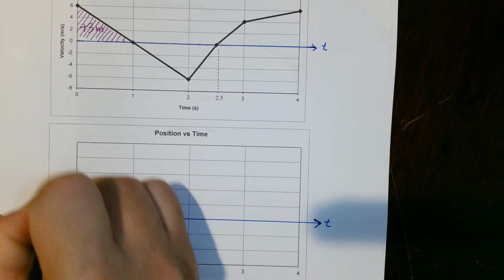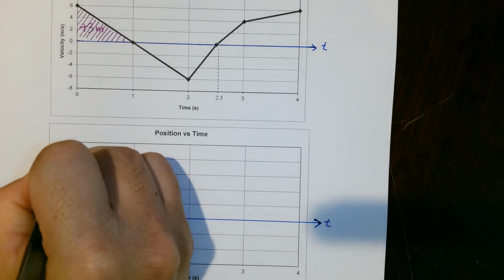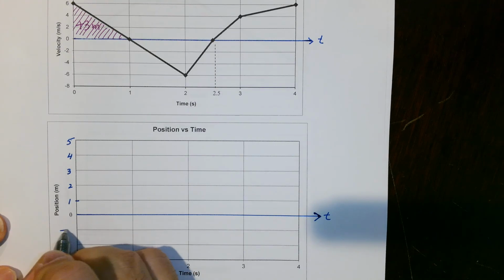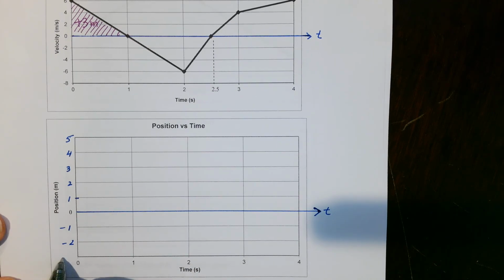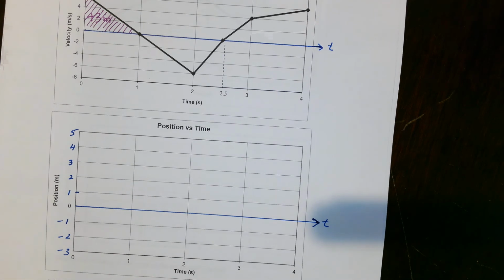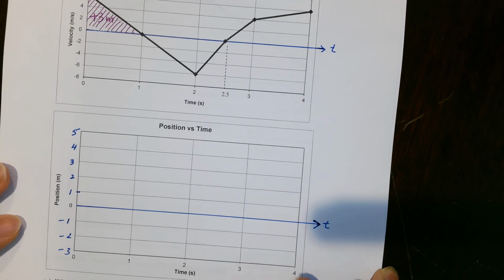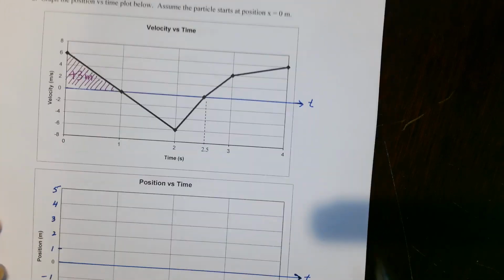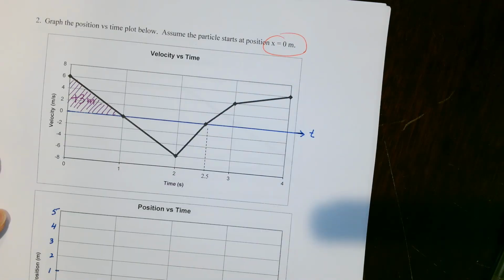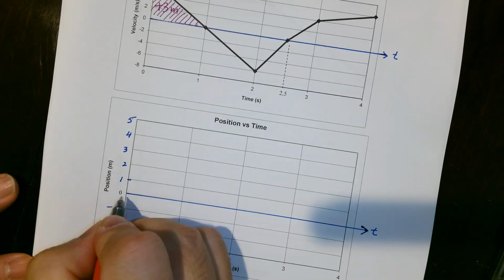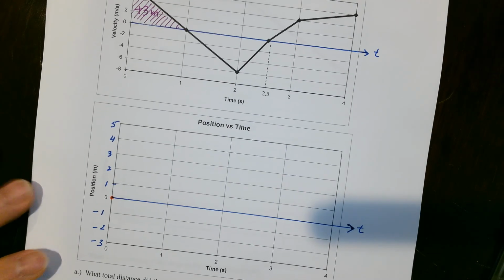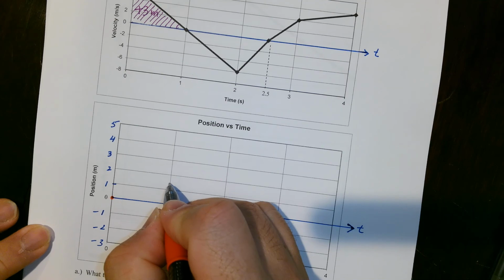So 2, 3, 4, 5, right? This will be -1, -2, -3. All right. So from 0 to 1 second, we start at the origin, x equals 0 meters. So we start here. Then we move to positive 3.